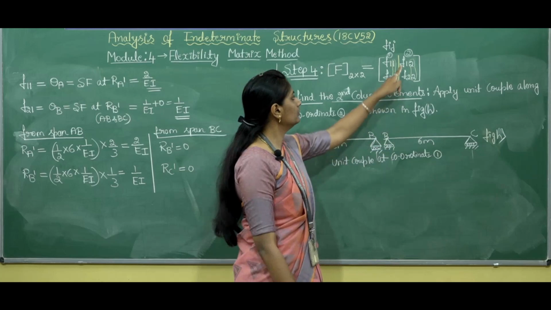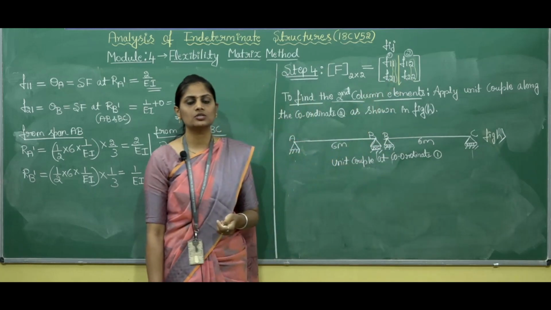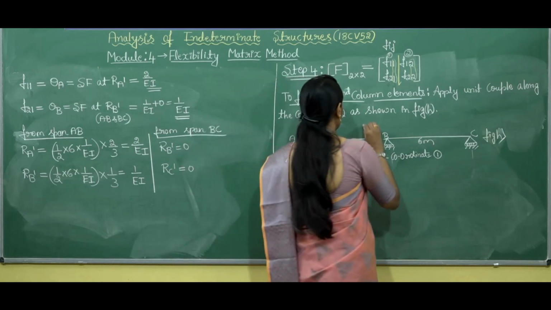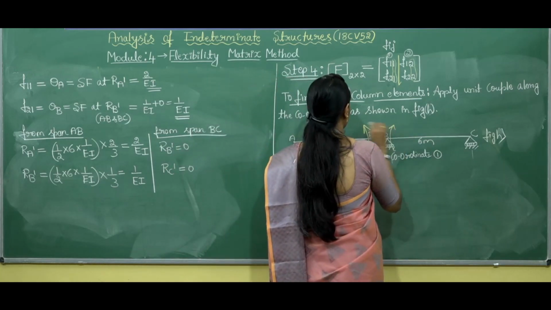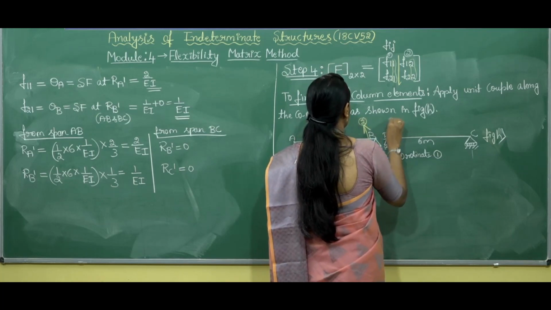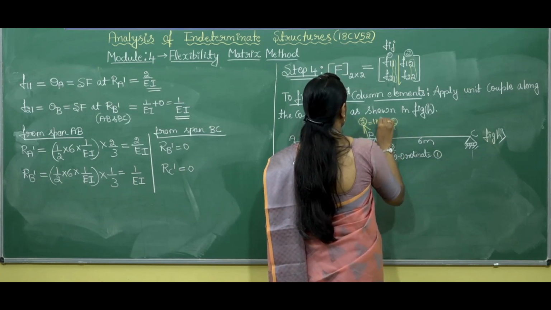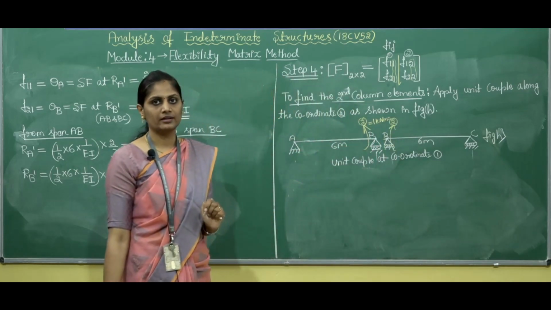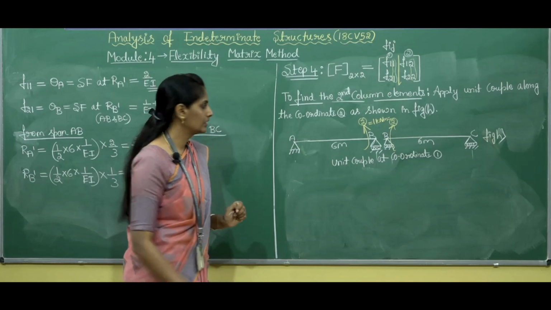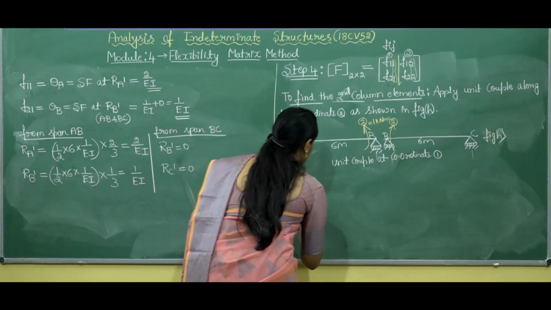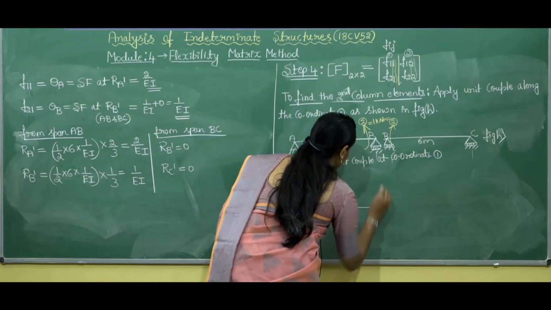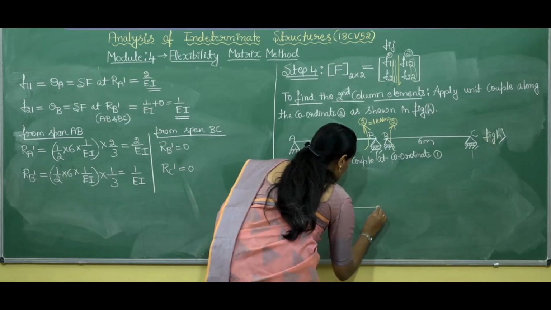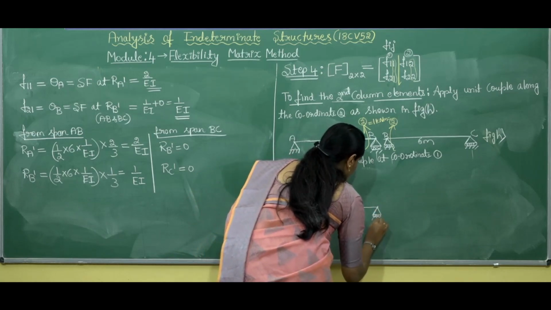So as I said, to get the second column elements, we need to apply the unit couple along the coordinate number 2. So this is coordinate number 2. So here we are going to apply the unit couple, and we are going to generate the conjugate beam. So if you apply the unit couple here, as usual the support and span remains as it is.